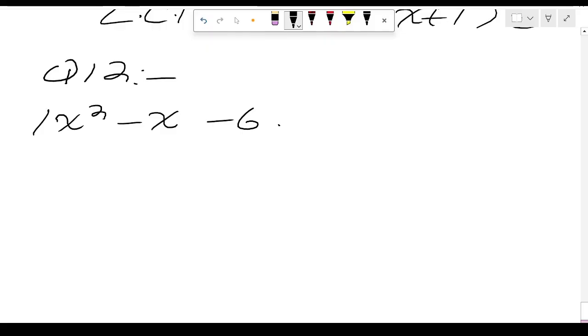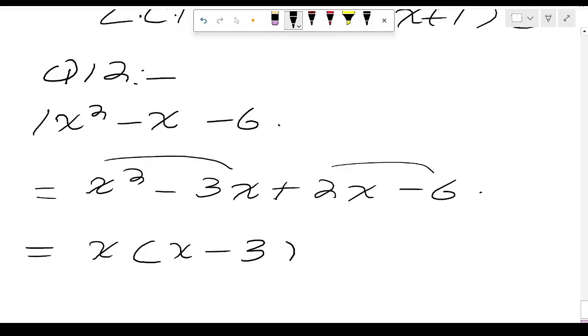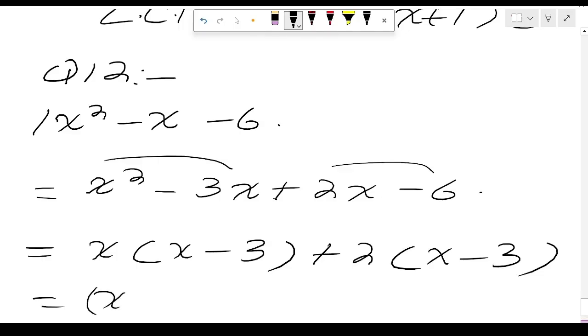So we write x squared minus 3x plus 2x minus 6. Now we have 4 terms and 2 pairs. So we will pick x bracket (x minus 3) and then plus 2 bracket (x minus 3). Then I can write x minus 3 as my first term and x plus 2 as my second. So this is the answer for the first part of question number 12.